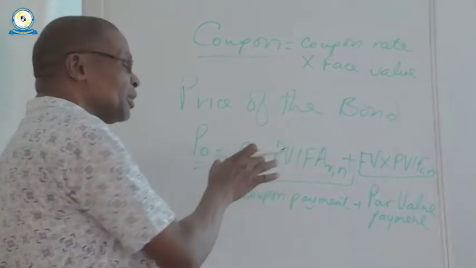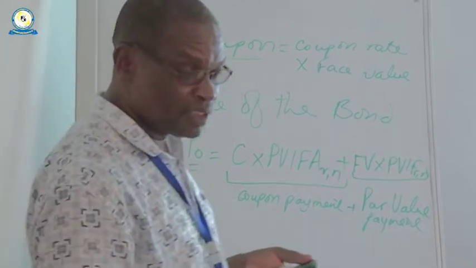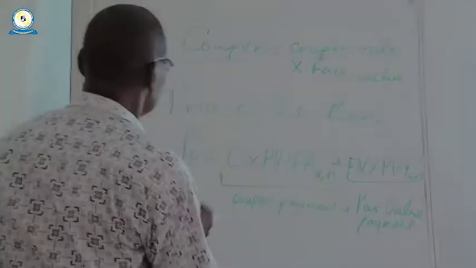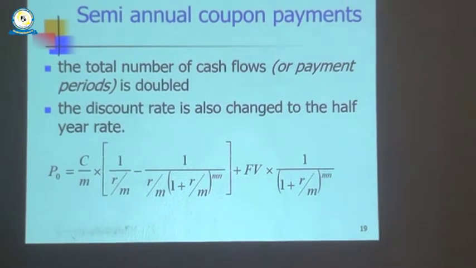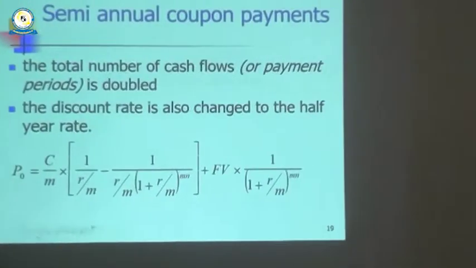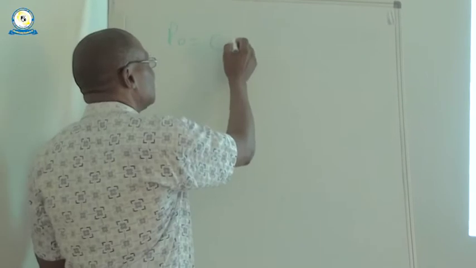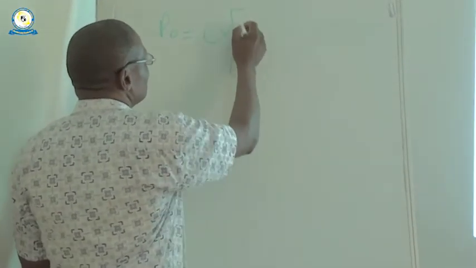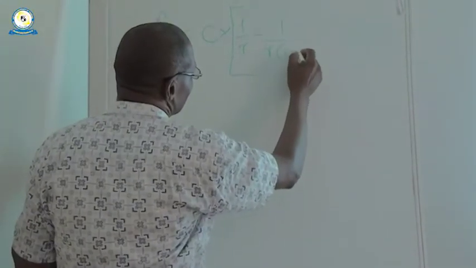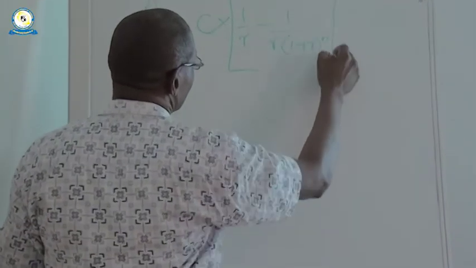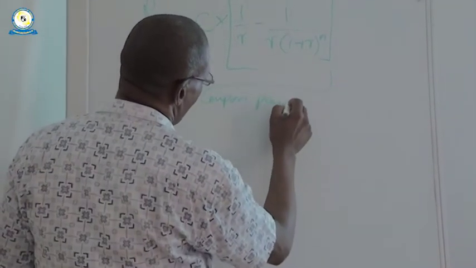And we use this formula when we are using financial tables. If we are using a formula, it means that the price of the bond is equal to the coupon times the discounting formula, 1 over R minus 1 over R times (1 plus R) to the power N. So this is the coupon payment by using the formula.